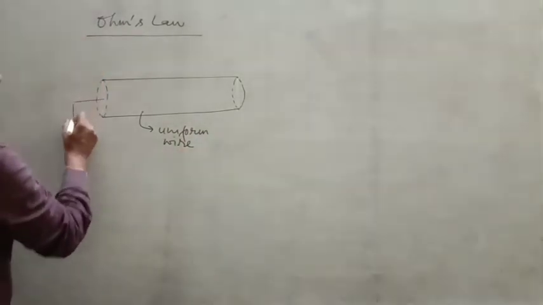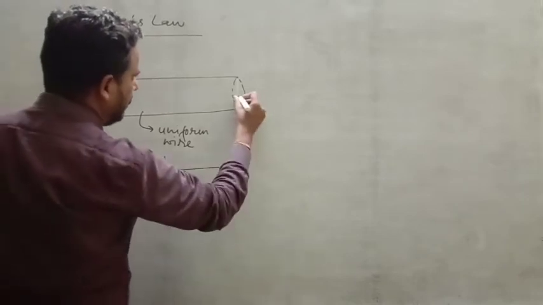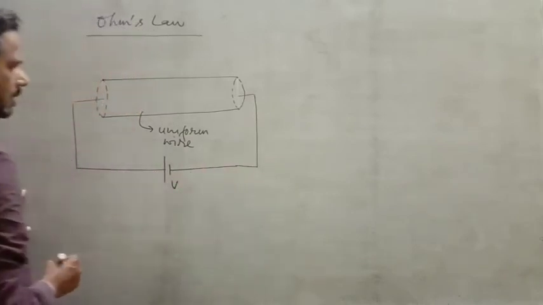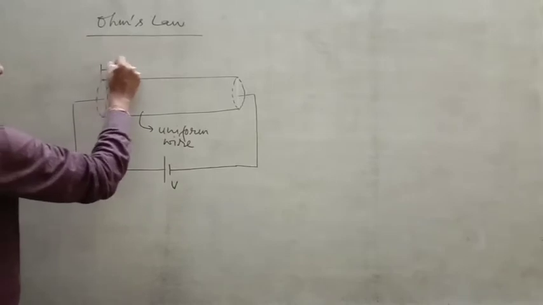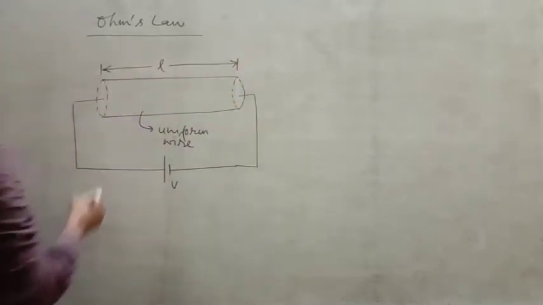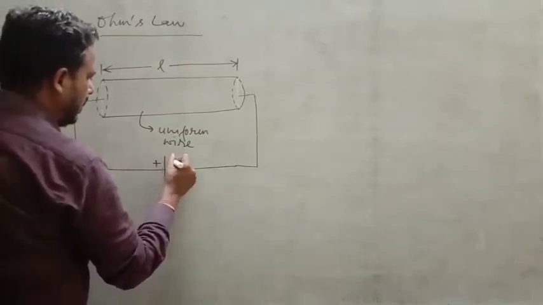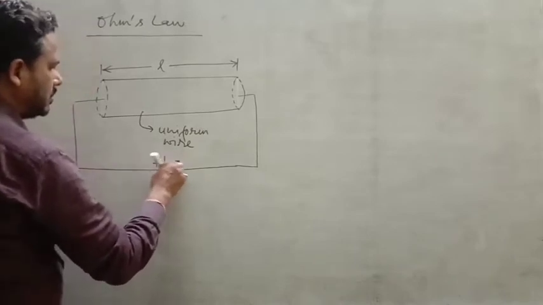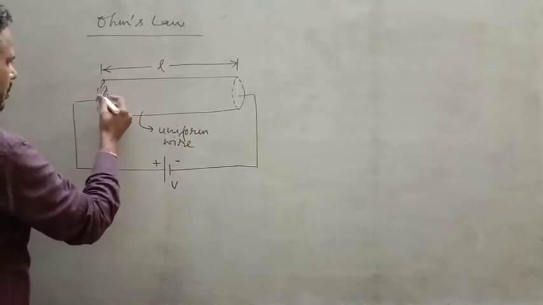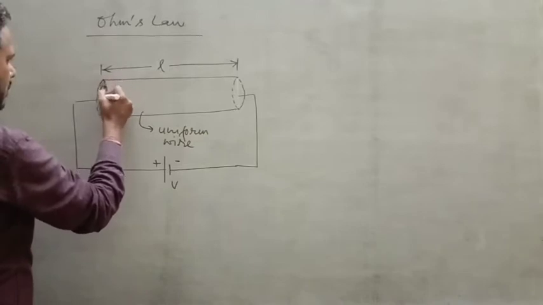and connected with a potential difference with a cell. If its potential be V, alright, and the length of the wire be L. So what happens, because this one is the positive terminal and this one is the negative terminal, accordingly this face, that is the cross sectional area of this wire, just behaves like a positive surface.